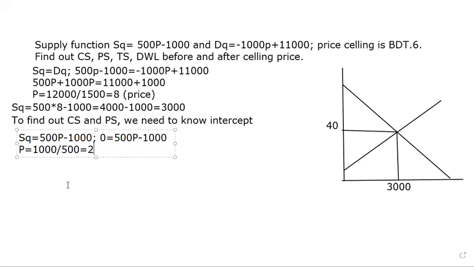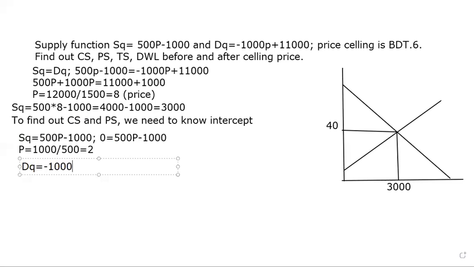Now we need to find our demand function intercept. Whatever the function is, you can just put in the value and find the intercept. That will help you find the consumer surplus and producer surplus easily.